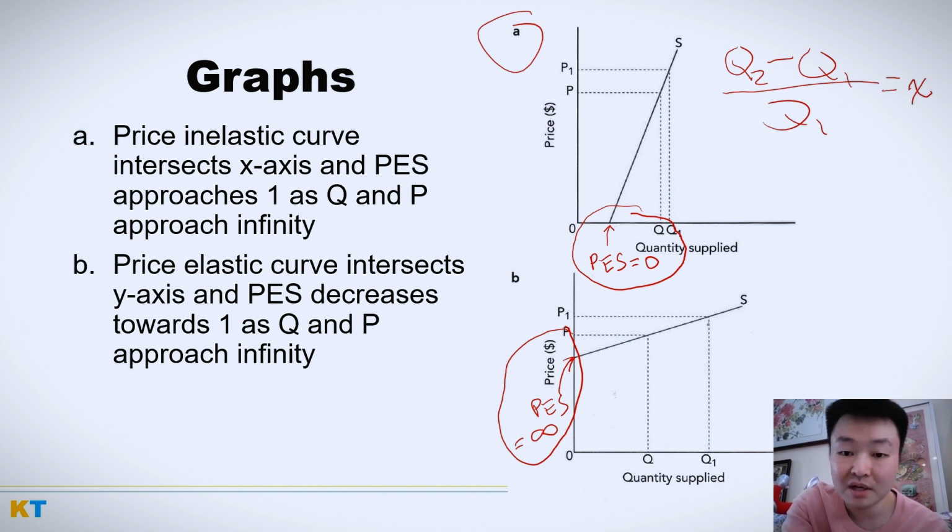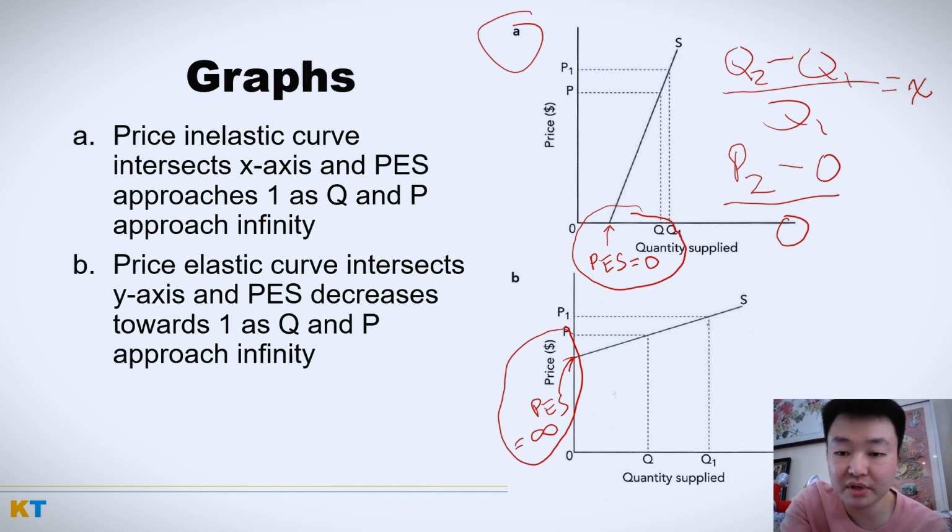Bear with me here. But what about price? Well, P2 minus P1, and in this situation P1 is 0, right? Divided by 0, okay? So you see this? Because we're intersecting the x-axis, our price starts at 0, but our quantity starts at a number.